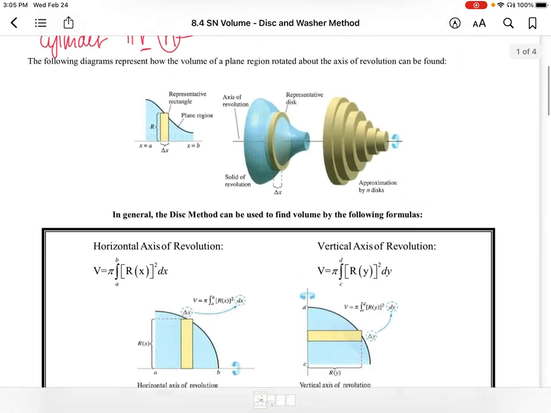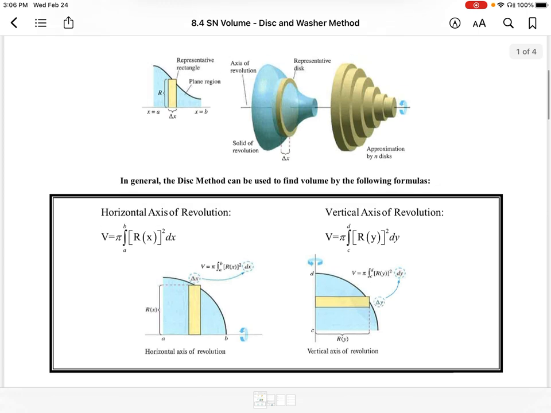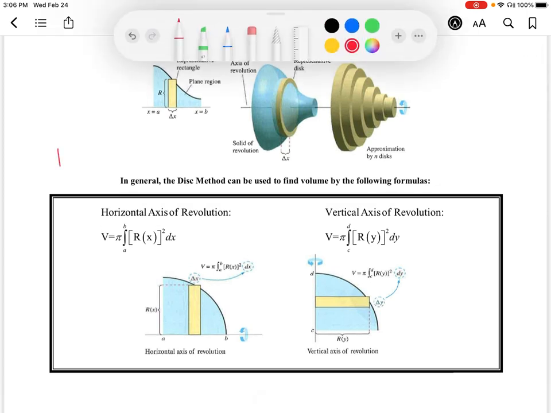So the equations that we're going to look at are the disk method formulas. Remember, we're talking about pi r squared h, the volume of a cylinder. We are going to have the pi in front, our r squared is going to be inside the integral, and the h is going to be our bounds for the integral.